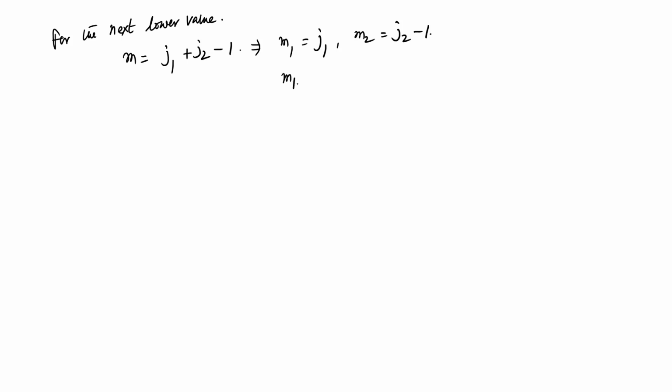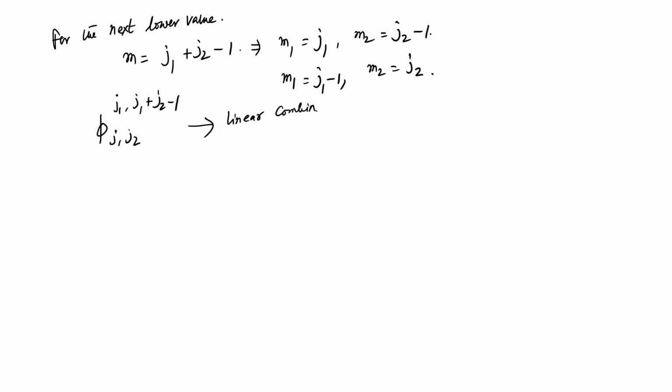So, M1 equal to J1 minus 1 or M2 equal to J2, that is possible. Okay. So, we have these phi's, J1, J2 and J1 plus J2 minus 1, that should be a linear combination of these two things which are given by these combinations.